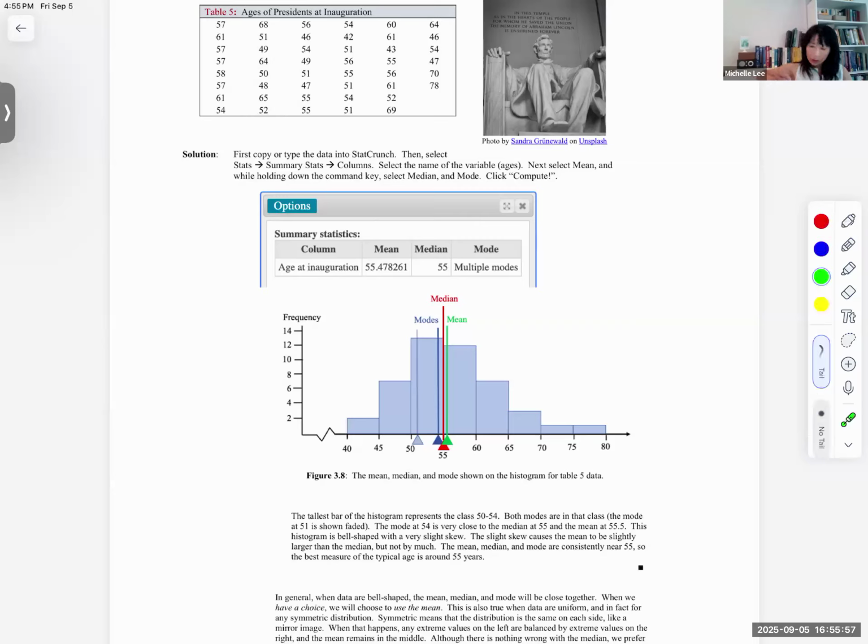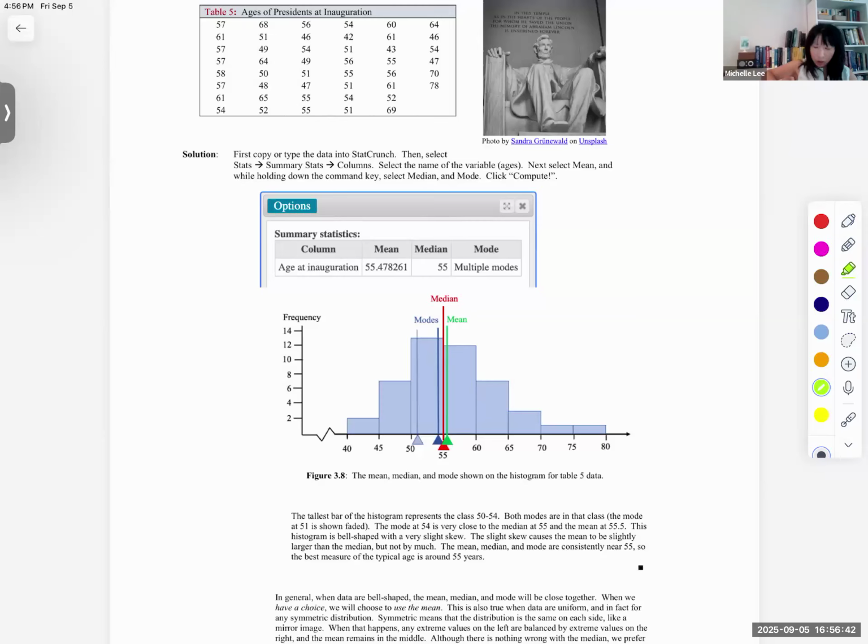What do you think about this one? Is it bell shaped, skewed left, uniform, or skewed right? Yeah, it's slightly skewed right. They said that this histogram is bell shaped with a very slight skew.